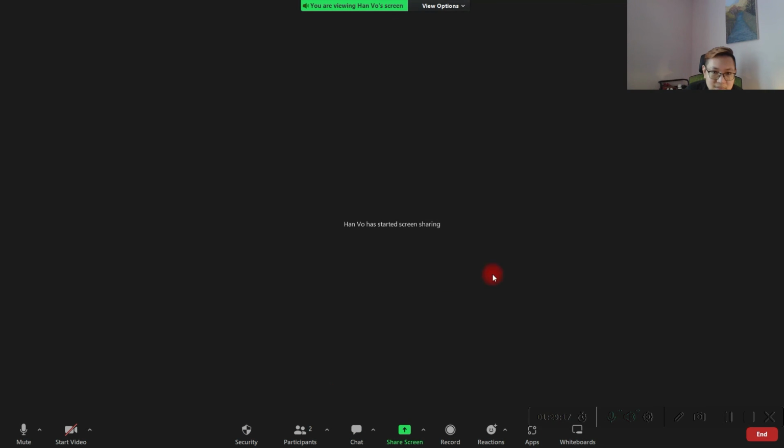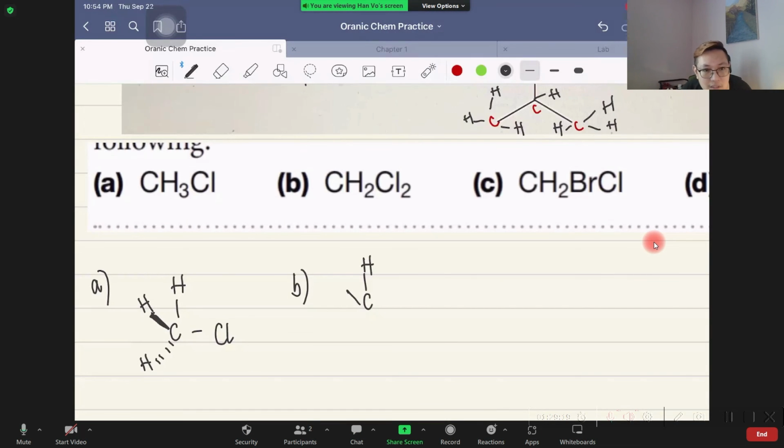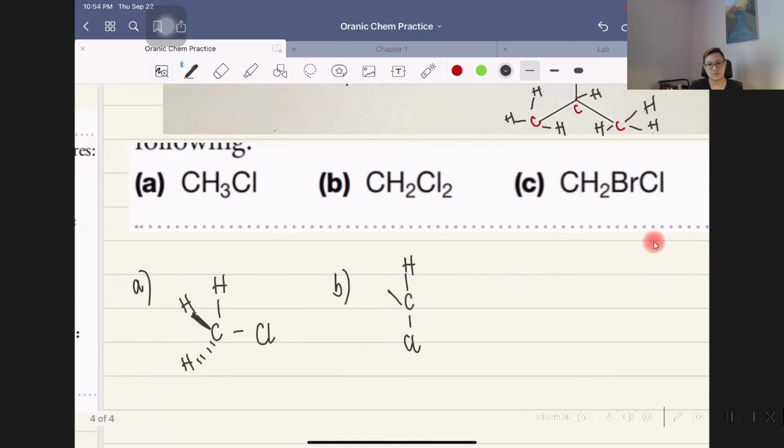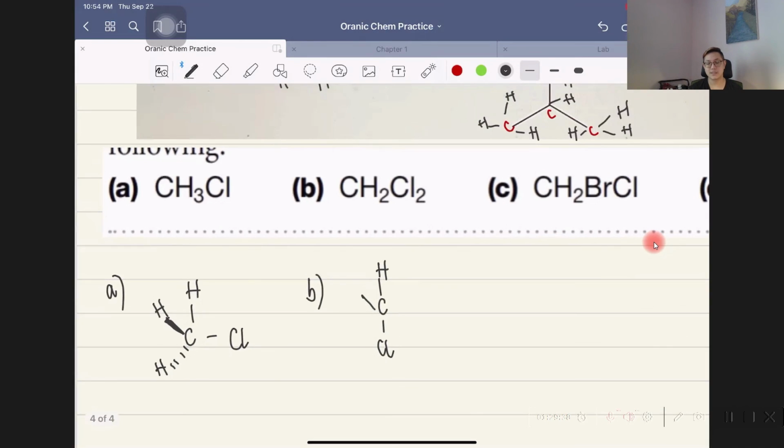Yeah, I'm sharing right now. Okay, good. Right. Should one draw a dash wedge or a solid wedge, you know? Yeah. The A is correct. Yeah, it's correct.